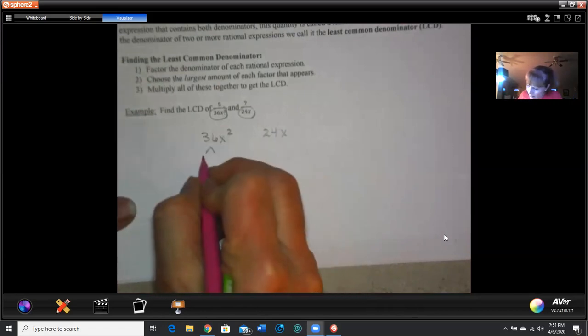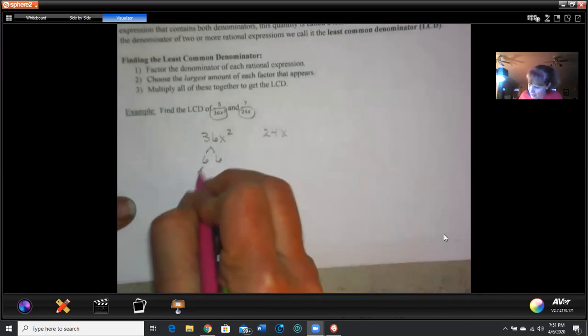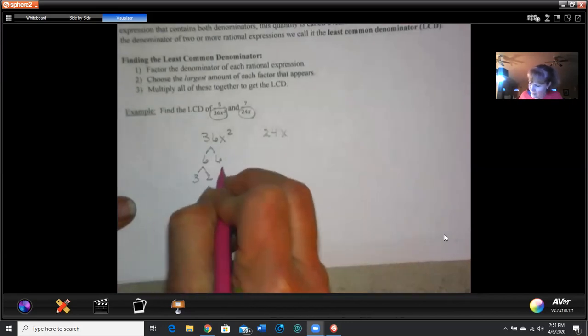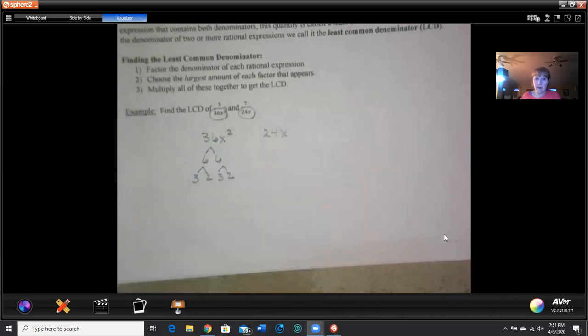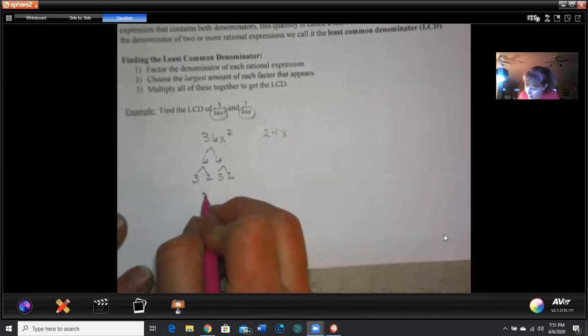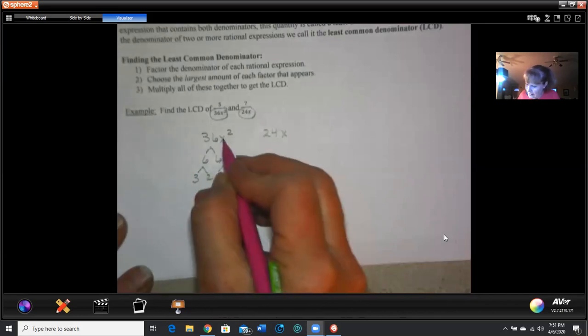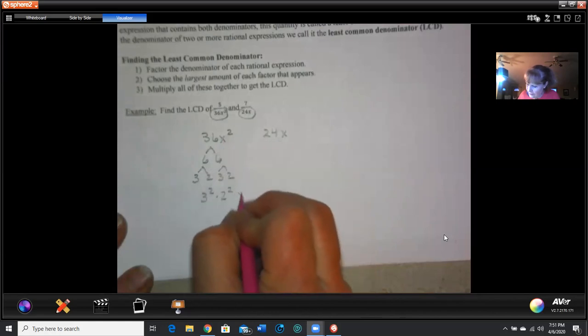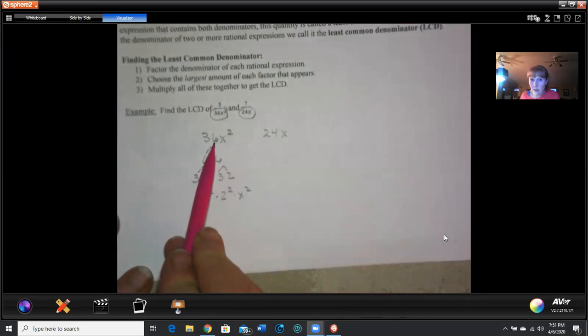Let's go ahead and break them down into primes, both of these beginning numbers. So this is a 3 squared times a 2 squared, and I still have the x squared. So I have rewritten 36x squared into primes.